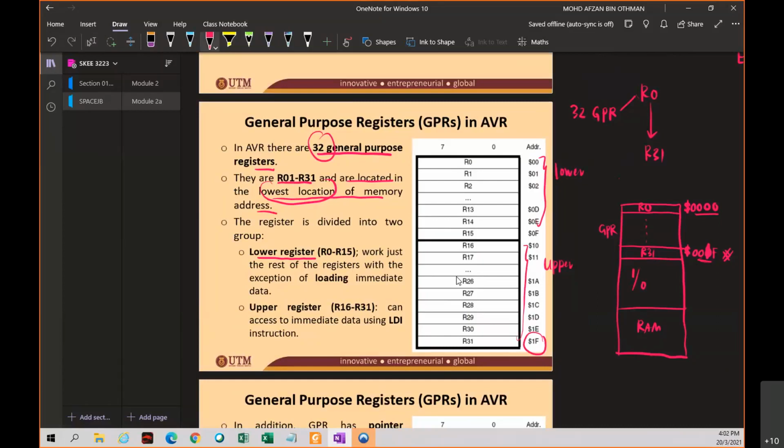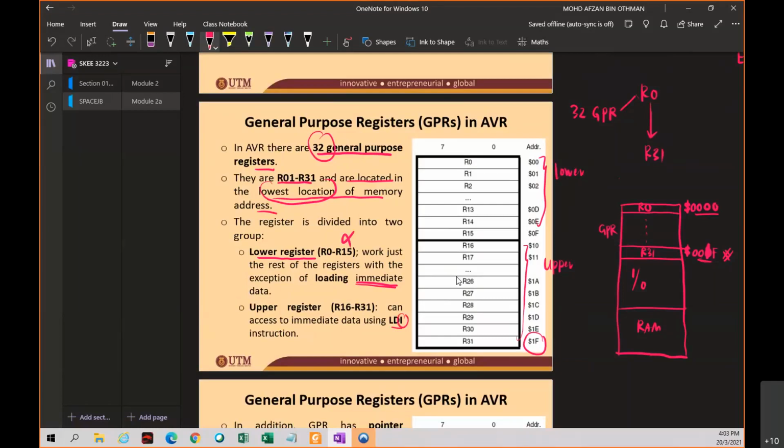For the lower register, it works just like the rest of the registers with the exception of loading immediate. The instruction that is going to manipulate the immediate data tak boleh guna R0 sampai R15, while upper register R16 hingga R31 can access the immediate data using the LDI instruction.